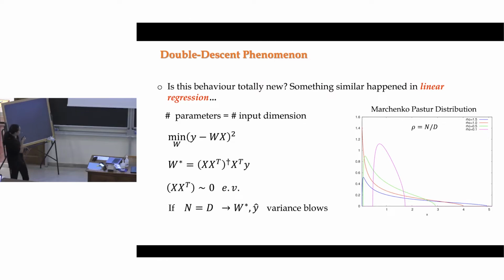But something similar happens here as well. It's just that you cannot over-parameterize as much as you want, but then you need to start looking at the ratio between the number of samples of your training set and the dimension of your input.